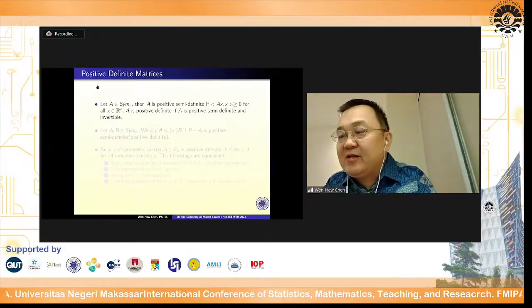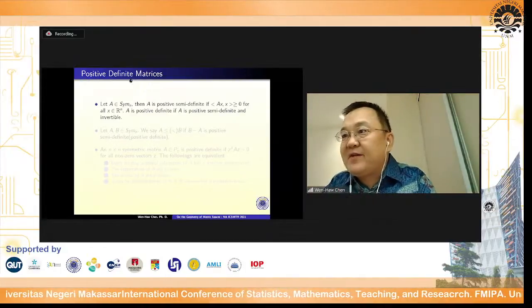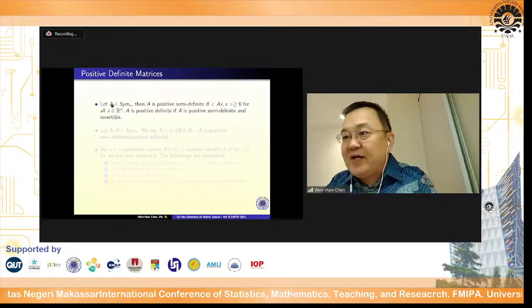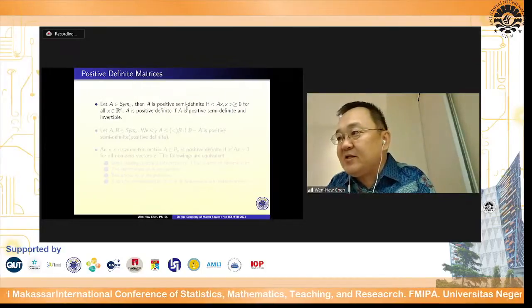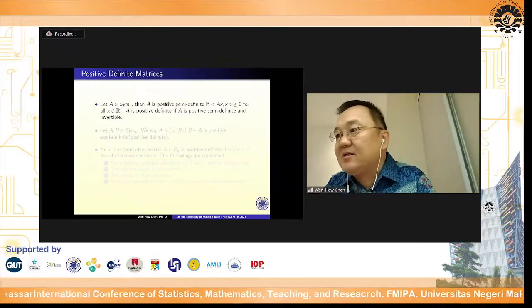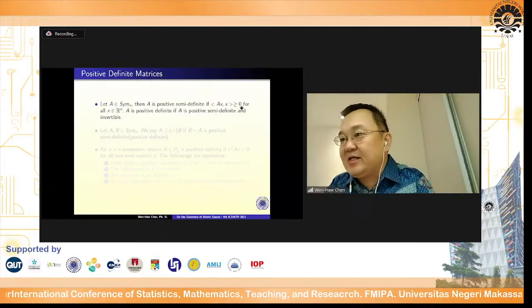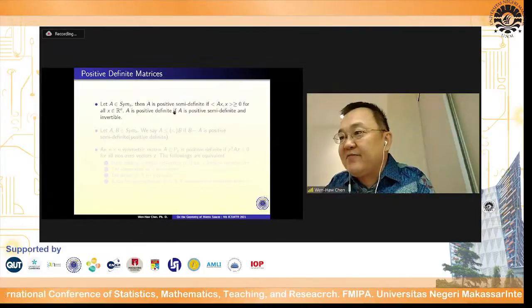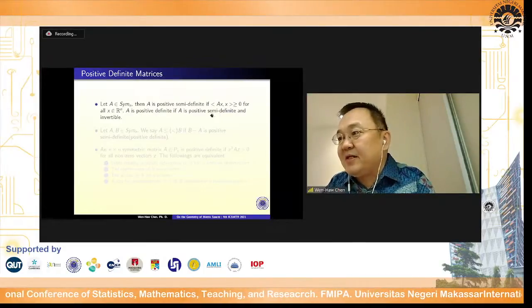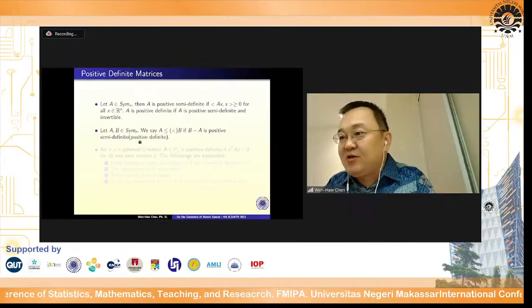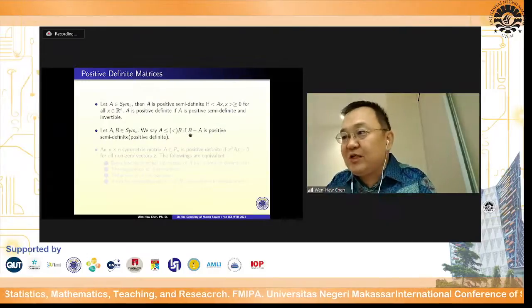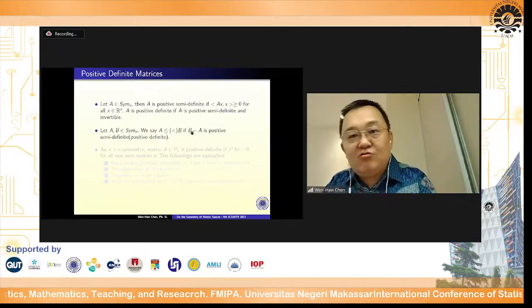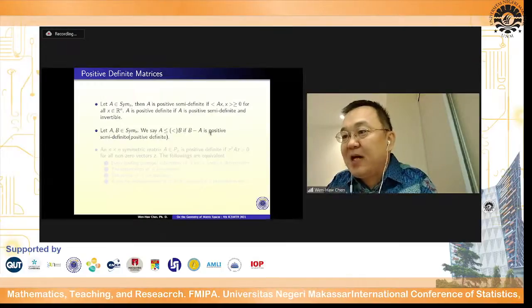Okay, and we briefly introduce the positive definite matrix. If A is a symmetric matrix, the so-called positive semi-definite is just like this, and A is positive definite if A is positive semi-definite and invertible. So we can use this idea to show that for two matrices, B minus A is positive.